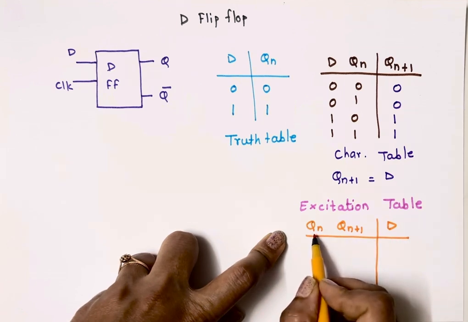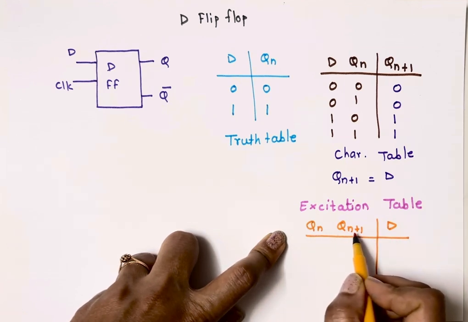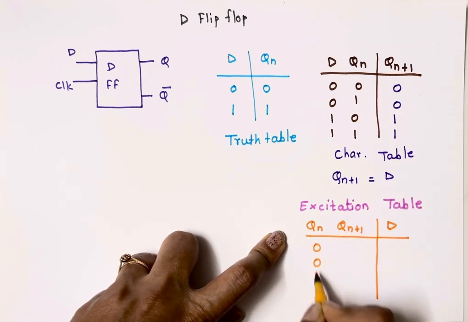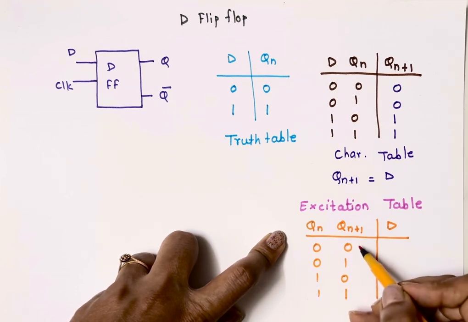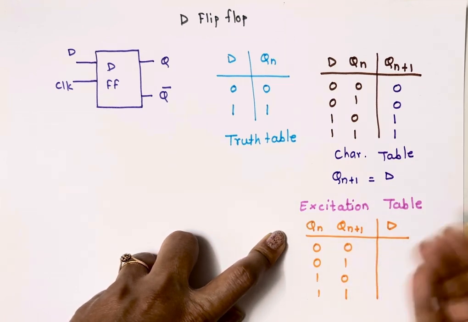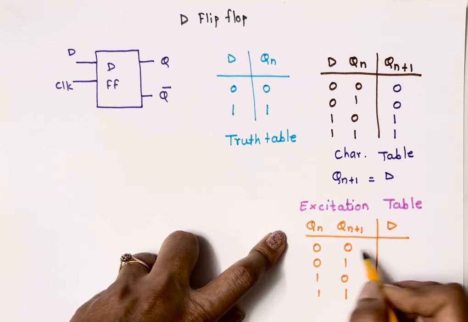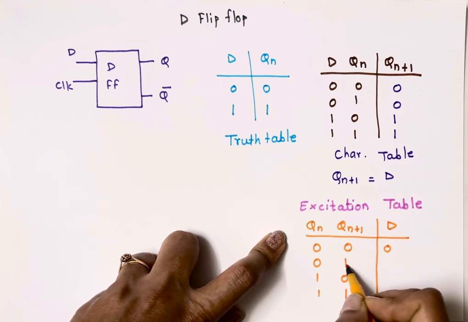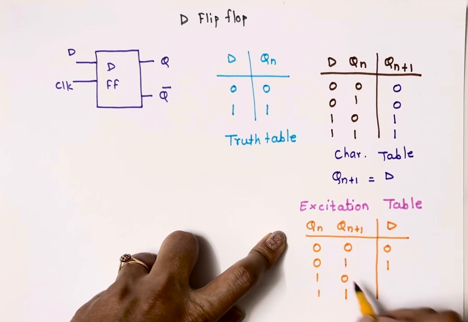So present output is Qn, next state output is Qn+1. So conditions are again 00, 01, 10, 11. These are the outputs which I want. So if I want 0, I should apply 0. If I want 1, I should apply 1. I want 0, so I should apply 0. I want 1, so I should apply 1.